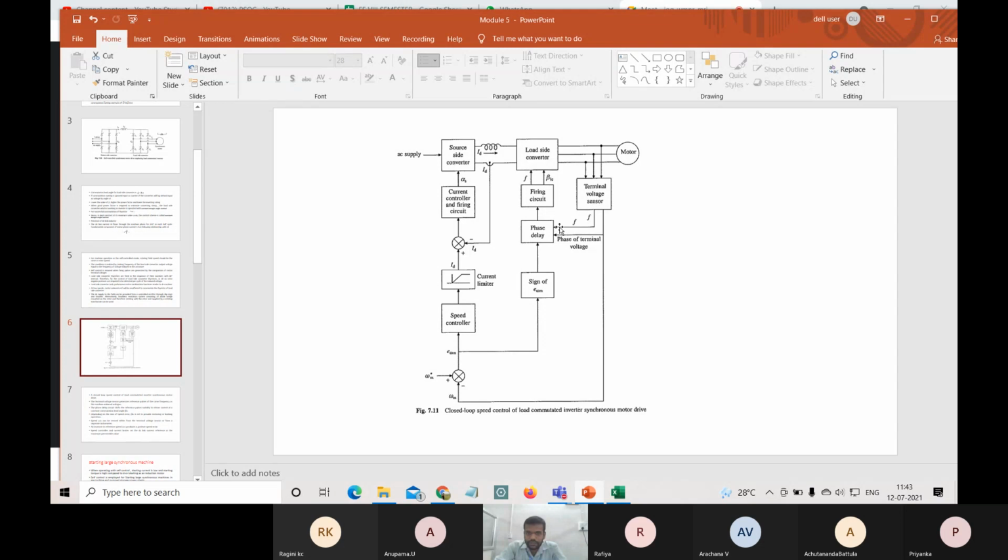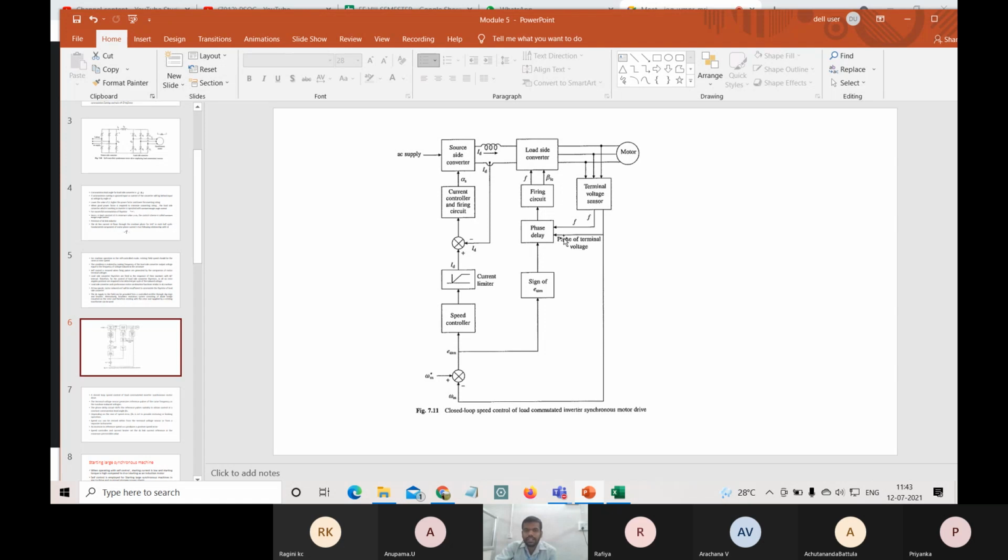These reference pulses have the same frequency as the machine induced voltage. Both frequencies are compared in the phase delay circuit. This phase delay circuit shifts the reference pulses suitably to obtain control of a constant commutation lead angle.